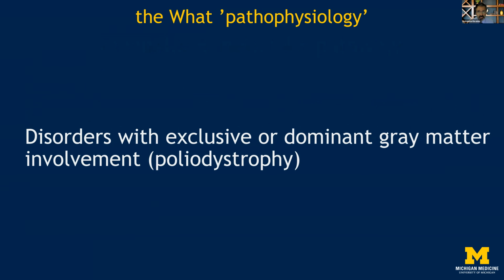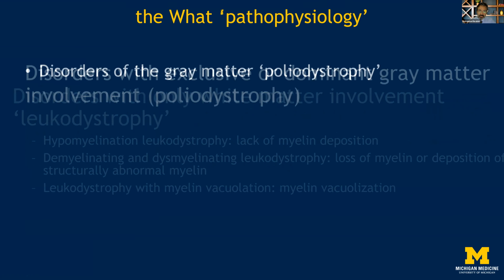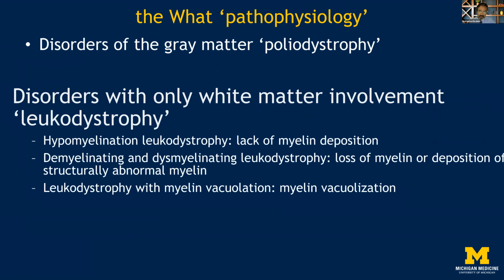How about looking at a different way of classifying these disorders? What is happening? What is the pathophysiology of these processes? These can be divided into disorders that exclusively or dominantly involve the gray matter, known as the polydystrophies, or disorders with predominant white matter involvement, known as the leukodystrophies.